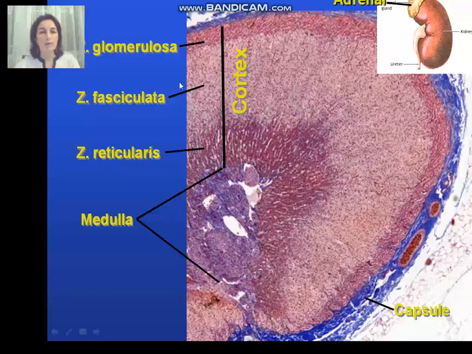In the cortex, we can distinguish three zones: zona glomerulosa, fasciculata, and reticularis. Of them, approximately 14% is the glomerulosa, then approximately 75 to 80% fasciculata, and approximately 7% of the cortex is the zona reticularis.